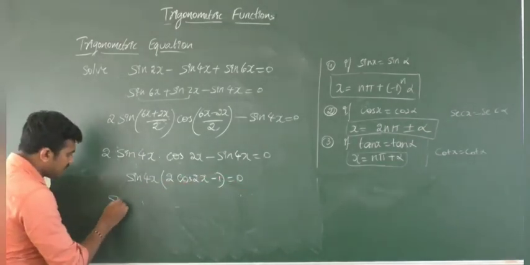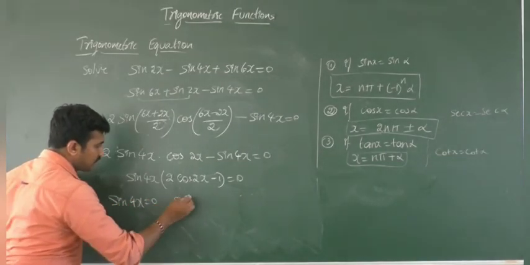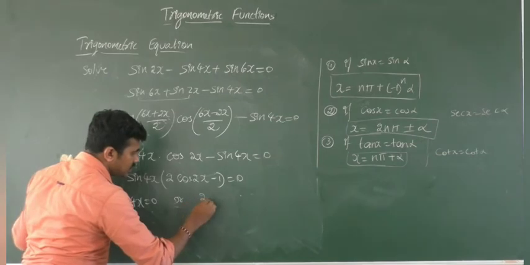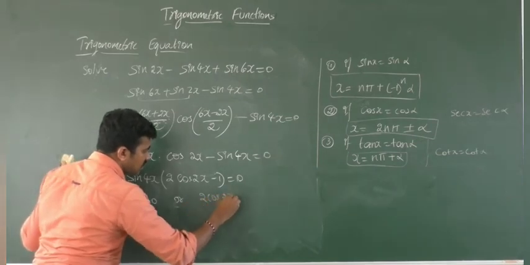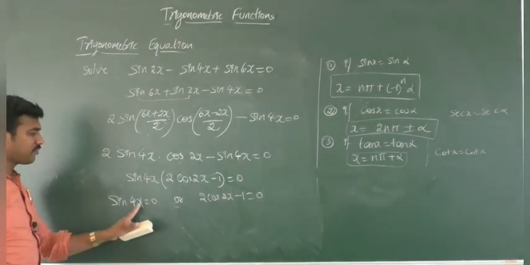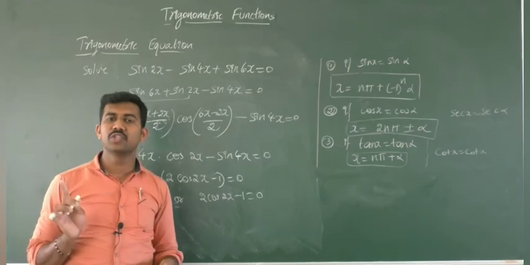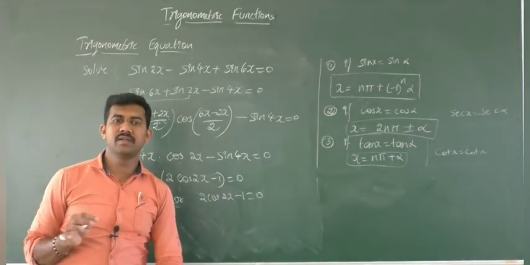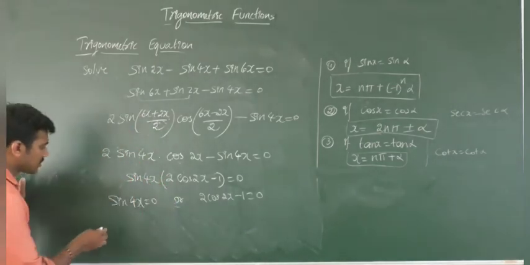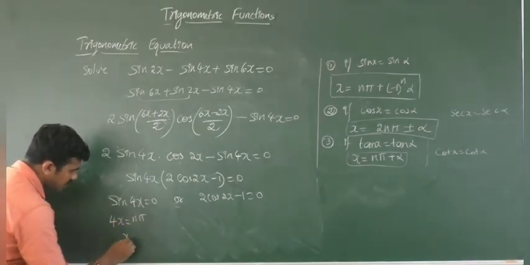So either sin 4x is equal to 0 or 2 cos 2x minus 1 is equal to 0. Sin 4x is equal to 0 means, when sin x is equal to 0, x is equal to n pi. So when sin 4x is equal to 0, 4x is equal to n pi. So x is equal to what we'll get here?